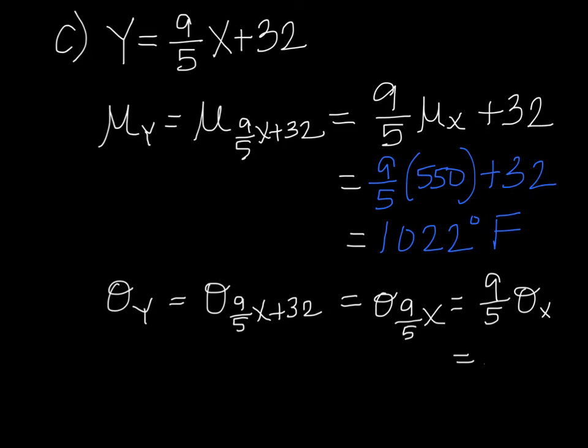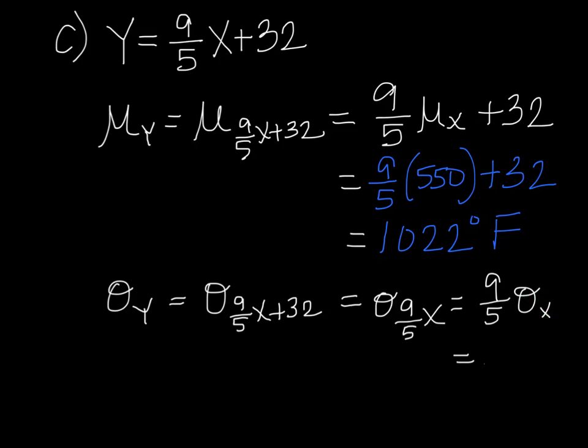In terms of our standard deviation, again, we have the same linear transformation, 9/5 x plus 32, but similar to part B, adding or subtracting that constant has no impact on the variability. So this problem can be simplified to just sigma sub 9/5 x, which is 9/5 sigma of x.